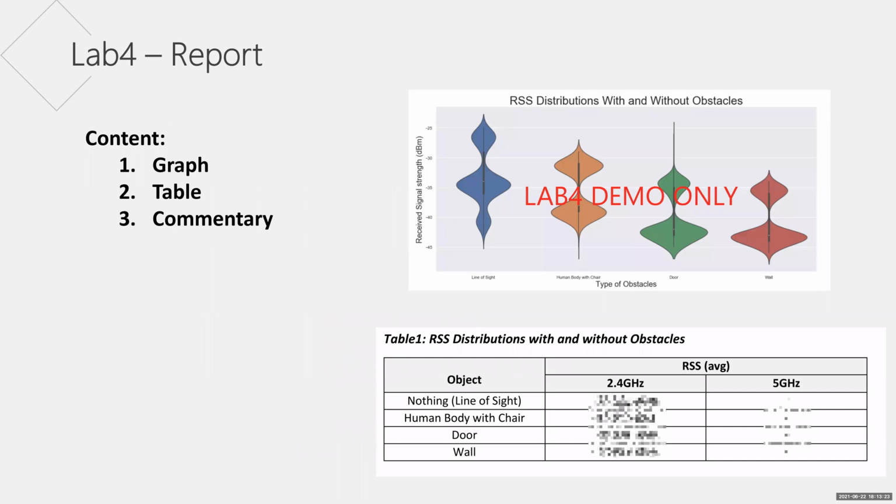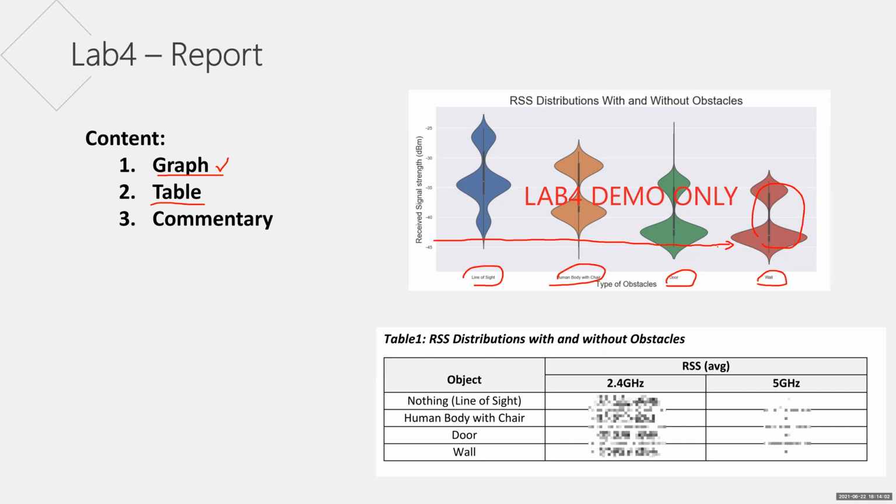Okay, so have a look at the report. What should we put in the report? Basically 3 things. The first one is a graph. You can plot a violin graph like this, so it can clearly show the distribution of different objects. You can see here, it's very clear that for the wall, the distribution is around this area, which means the wall may cause a higher signal strength drop.